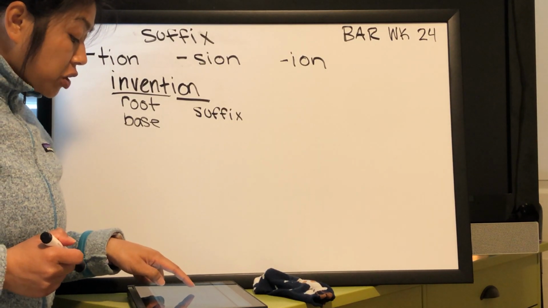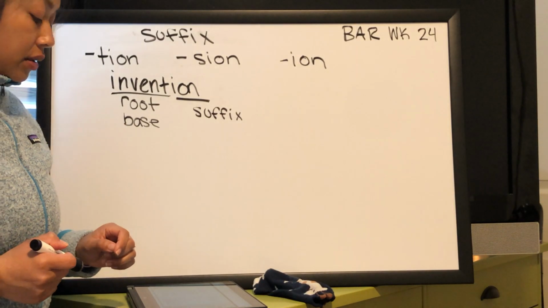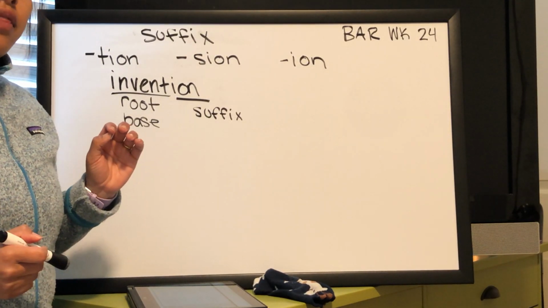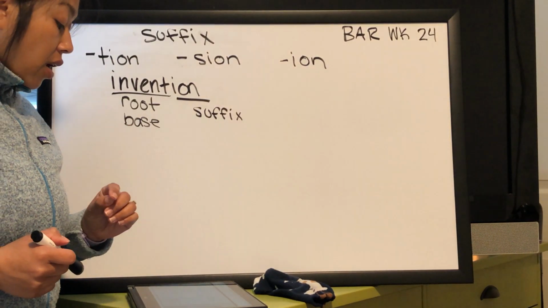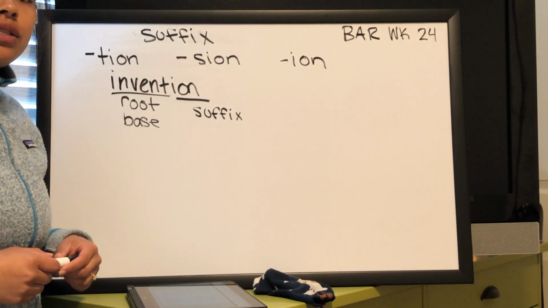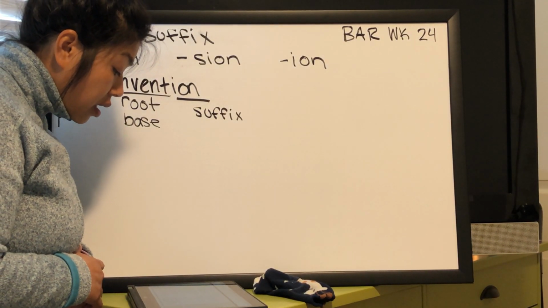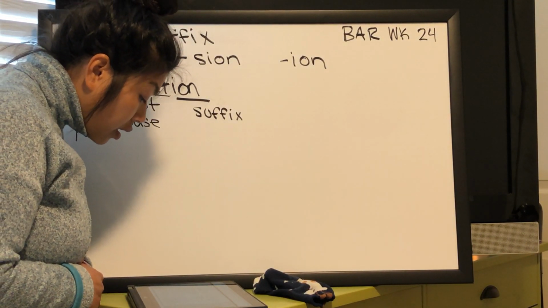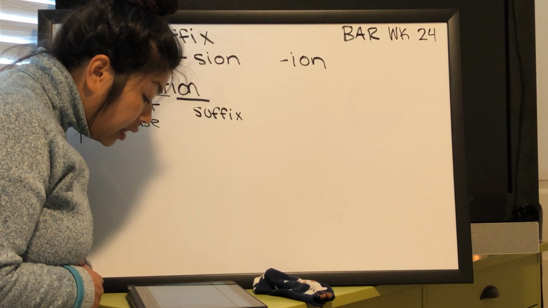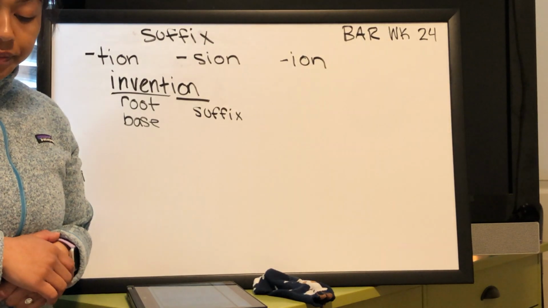Many people have tried to invent a way to see in the dark. Now, when you add the suffix I-O-N, it becomes a noun. And here's a sentence to use that for an example. The light bulb was an important invention.